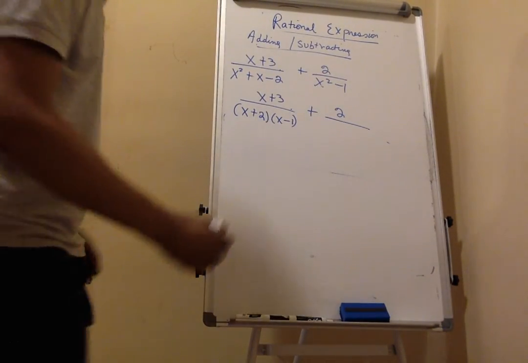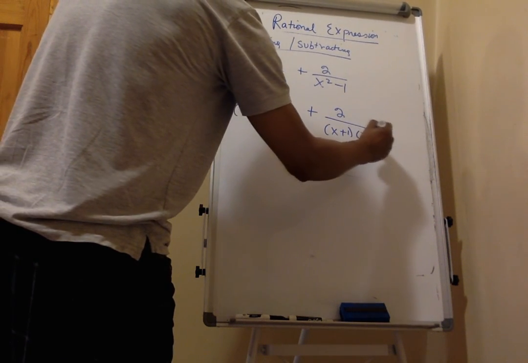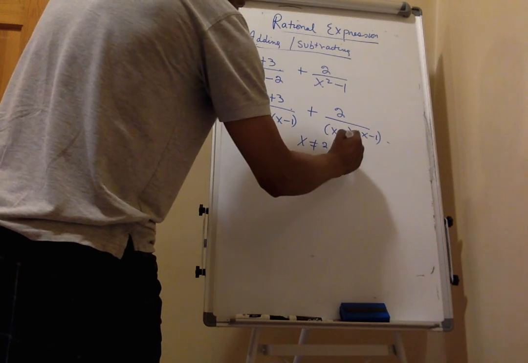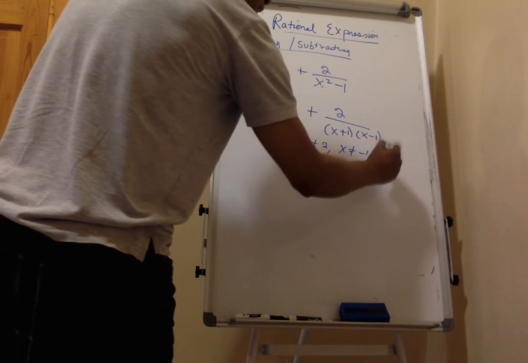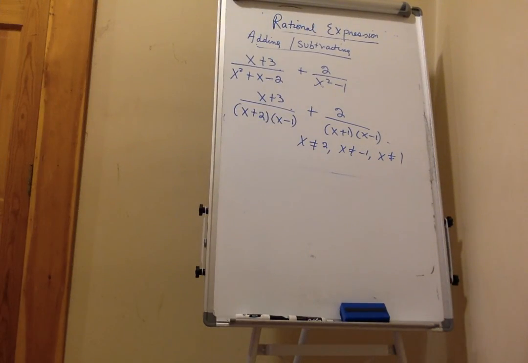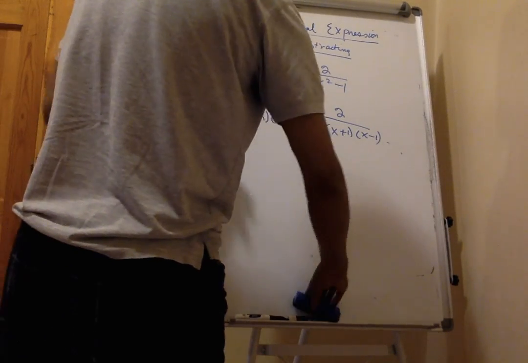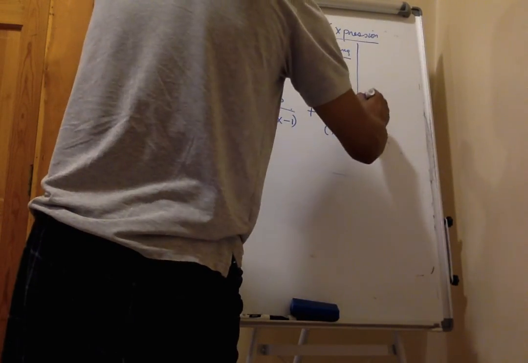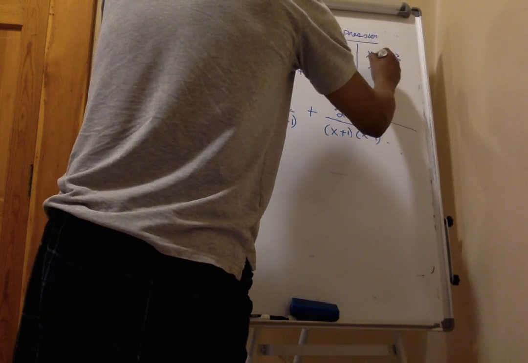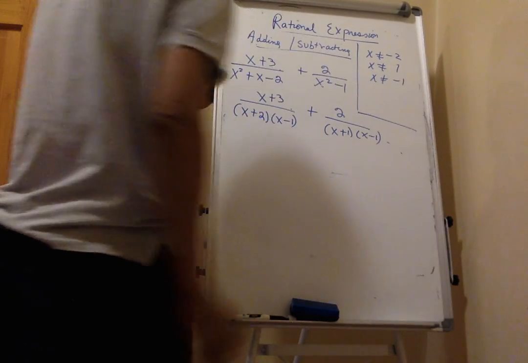So I can write this as x plus 1 and x minus 1. Now we know the restrictions. x cannot equal negative 2, x cannot equal 1, and x cannot equal negative 1.